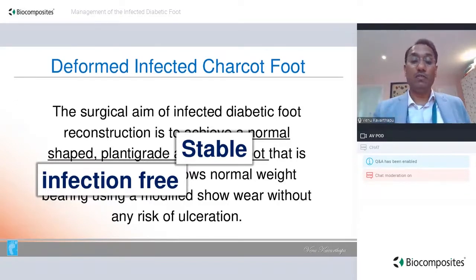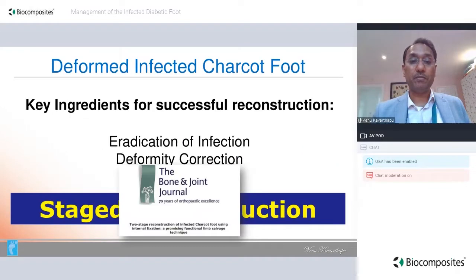Otherwise, your fixation technique, whatever you use, won't be successful. So I would like to say that the first target is to eradicate infection, and then you can proceed with stabilization to achieve full and permanent deformity correction.